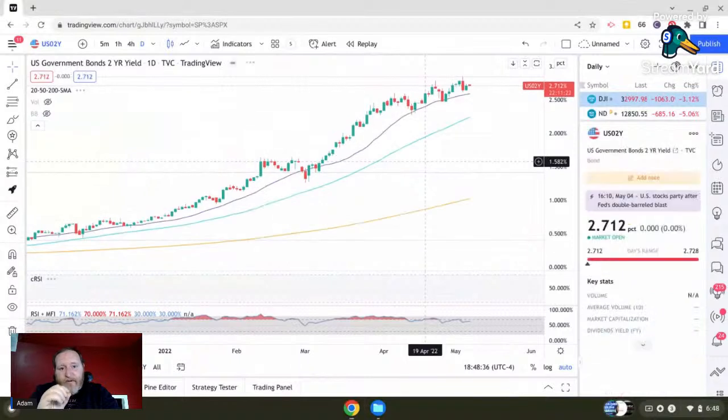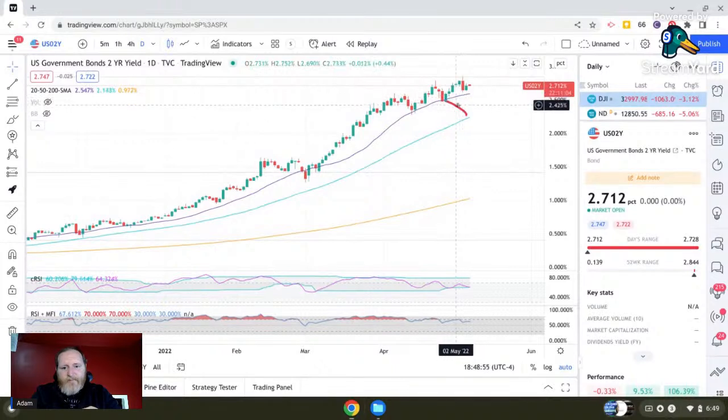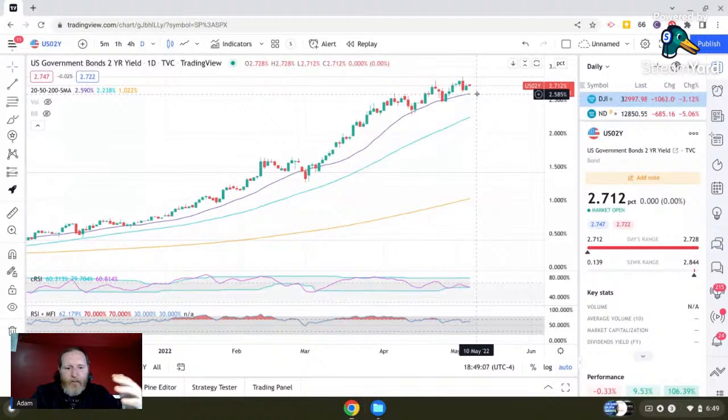It jumped 11 basis points today to 2.72% after dropping 15 basis points yesterday. Of course, the day before, it also popped. So we've got some imbalance here and some uncertainty. I think it's time that I move that line. So there's an imbalance here. One day we gain, the next day we taketh away. Then we gain again.